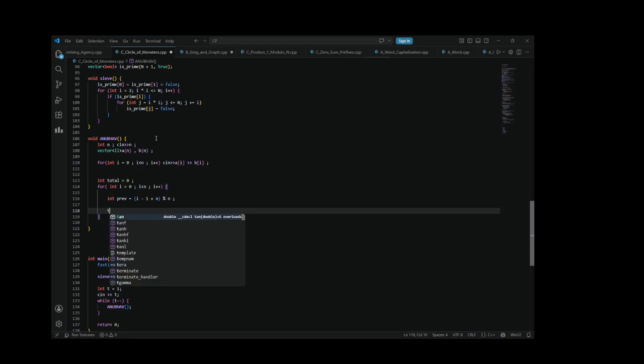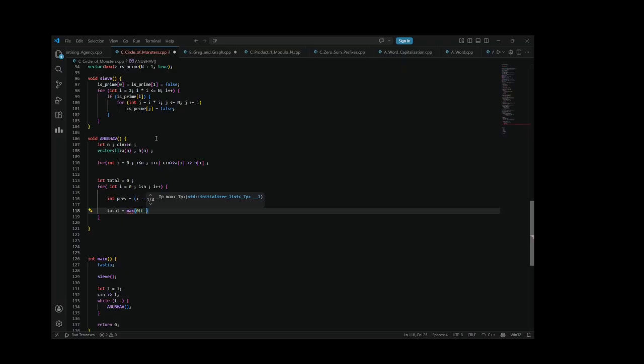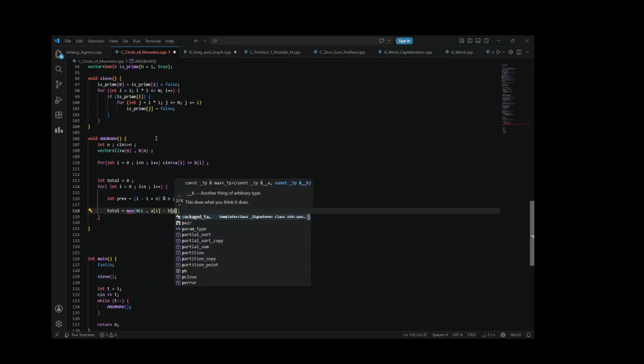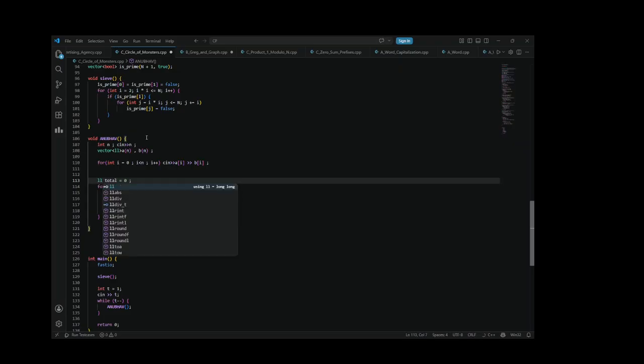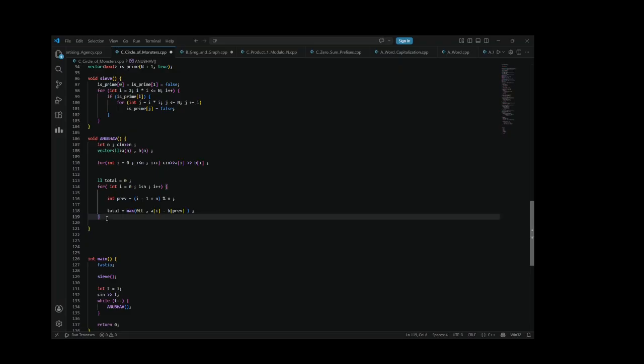And the total would be the max of 0LL and a i minus the previous. Here I will keep long instead of int, because I have already told you the constraints are pretty high. So this is the total number of bullets, considering no starting point.